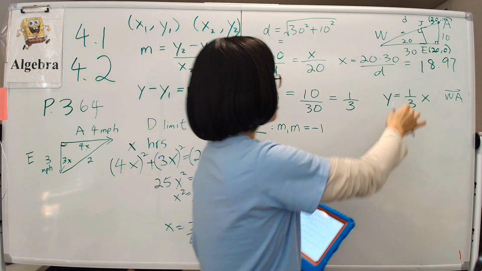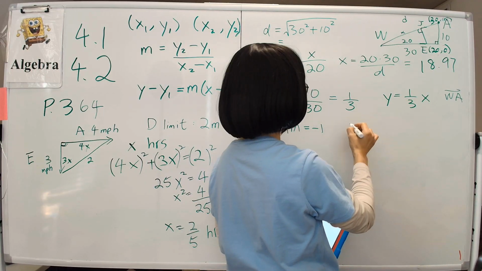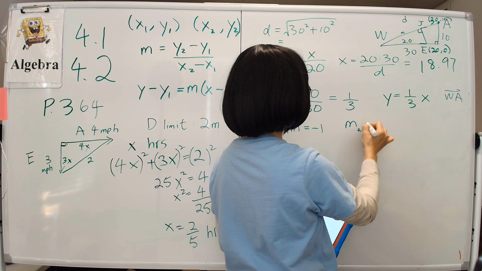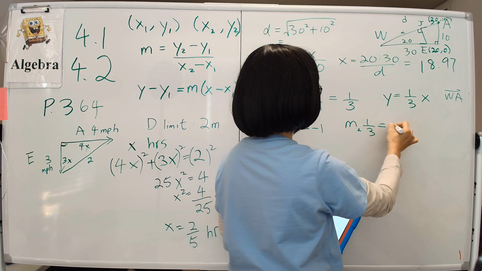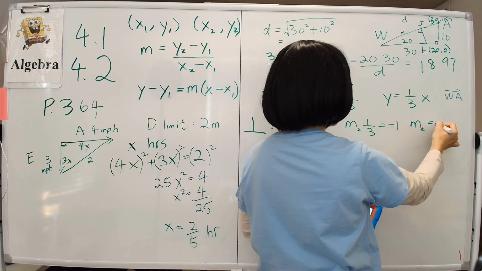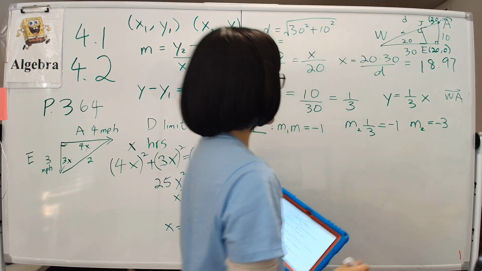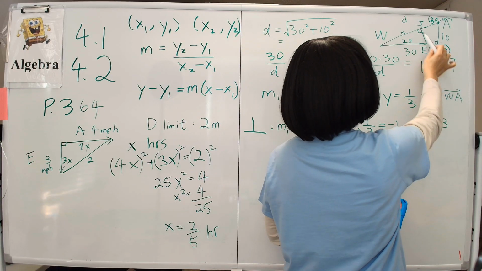So the slope here, we'll call it M2. M2 times 1/3 has to equal -1, and that gives us M2 equal to -3. So that's the second equation, the equation of this line right here.